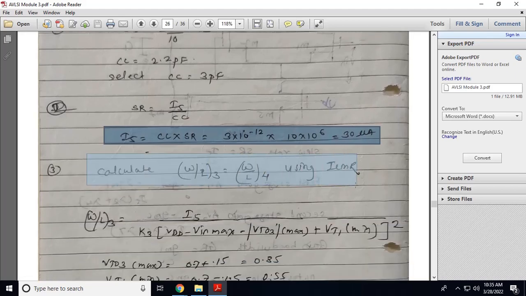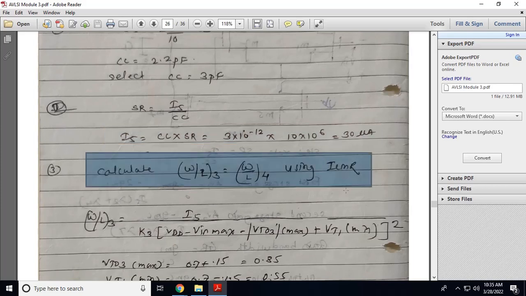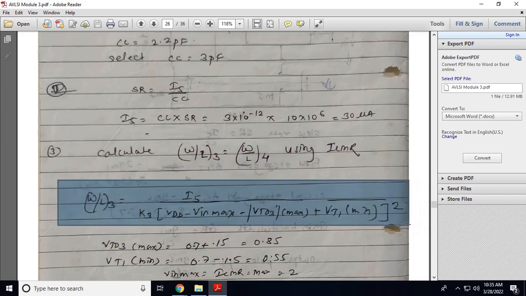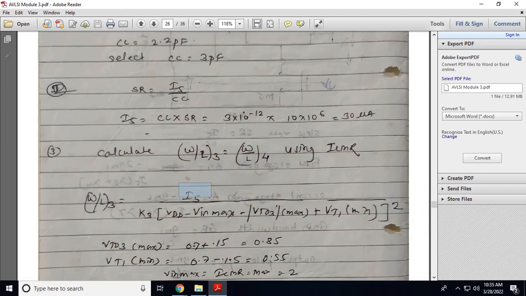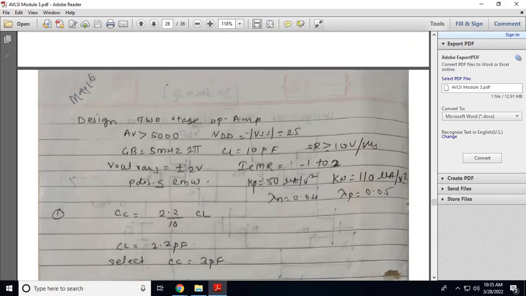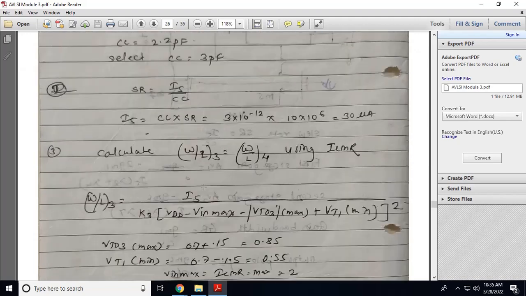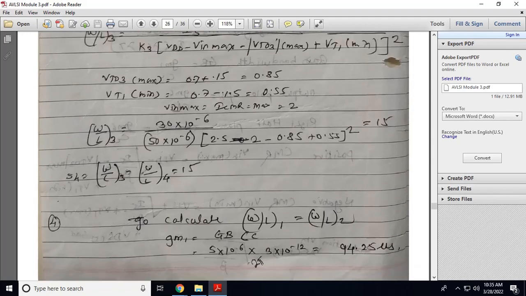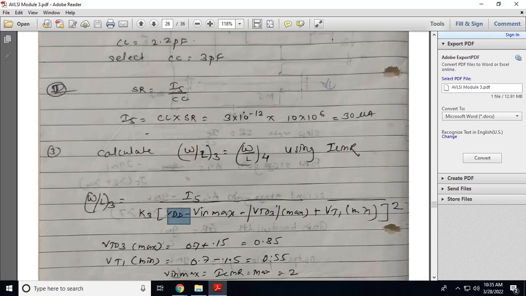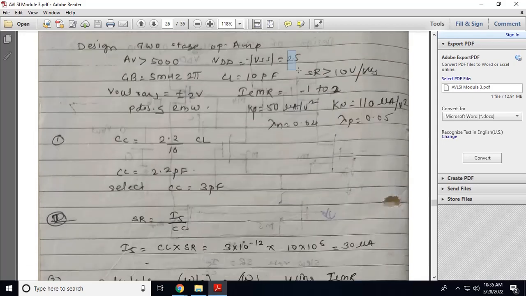Then we calculate the size of 3 and size of 4 using ICMR. So this is the equation of size of 3. Size of 3 is equal to I5, that is 30 microampere, divided by K3, that is Kp, that is 50 microampere per volt square. VDD is 2.5 given in the problem.